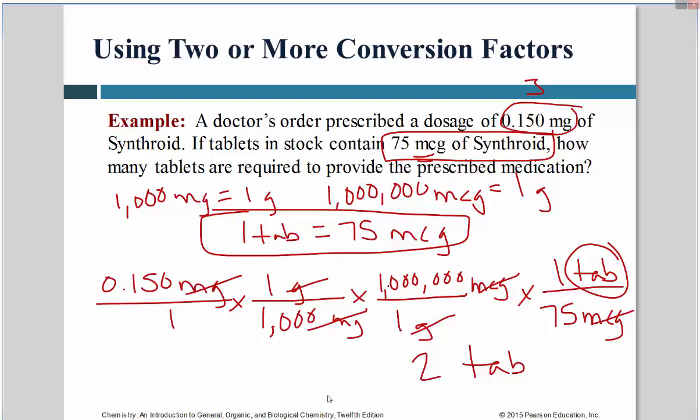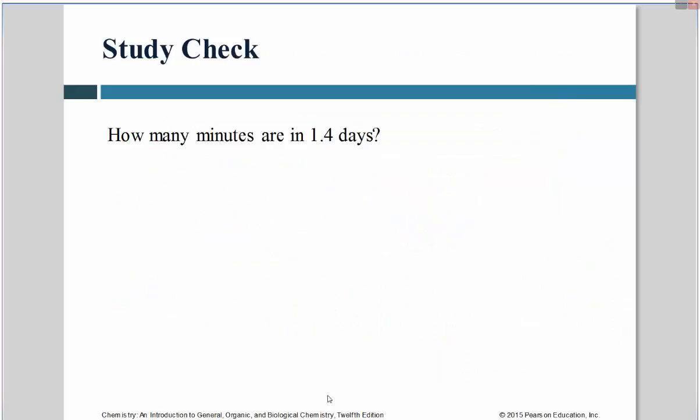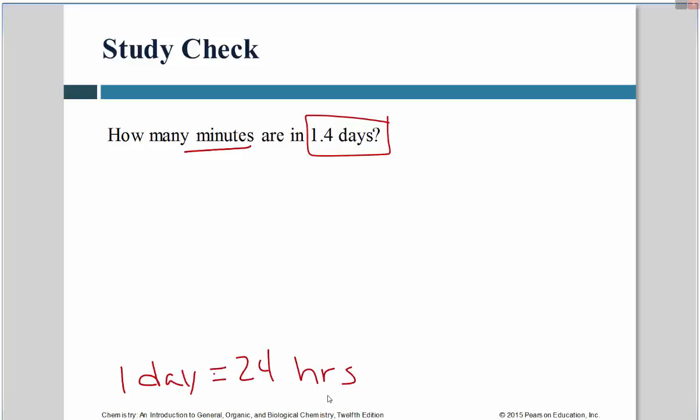All right, so let's take a little bit easier one. 1.4 days. We're trying to figure out how many minutes there are. In 1 day, there's 24 hours. And then 1 hour, there's 60 minutes. So 1.4 days is going to be our starting quantity. So 1.4 days over 1.